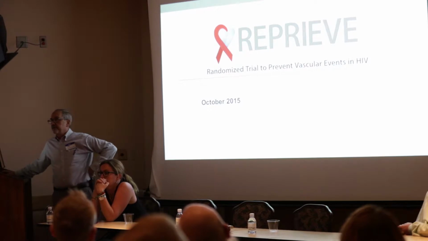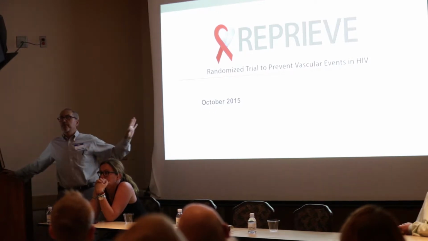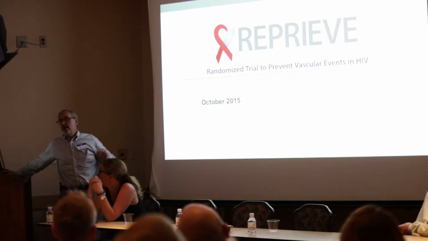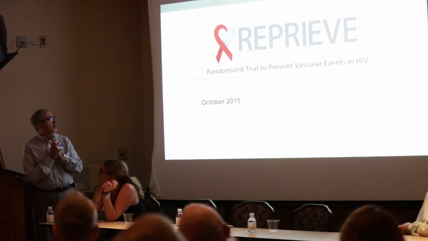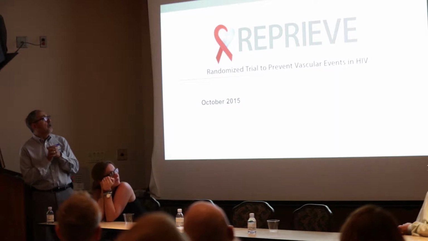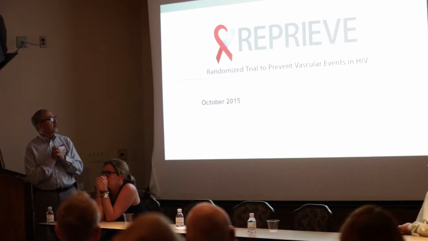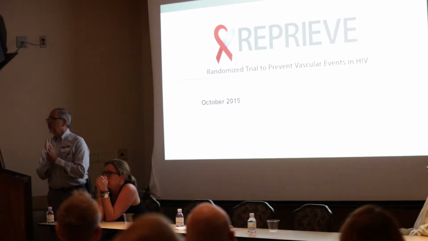So, what I'm going to tell you very briefly is here's what we're doing in relationship to inflammation and how we're going to address it at Eisenhower. One, we're part of the REPRIEVE study. This is a study looking at cardiovascular events.